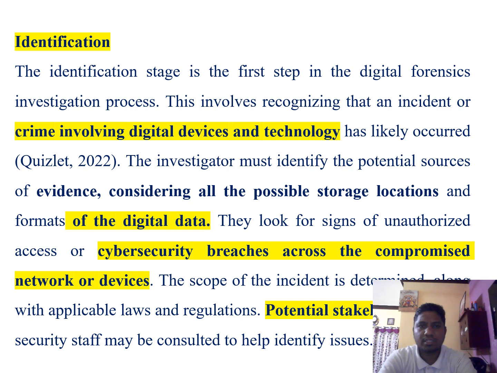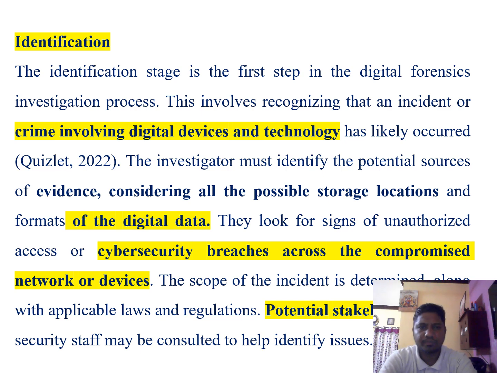Identification is the first step in the digital forensics investigation process. This involves recognition of an incident or a crime involving digital evidence and technologies, for example, one that occurred in 2022.